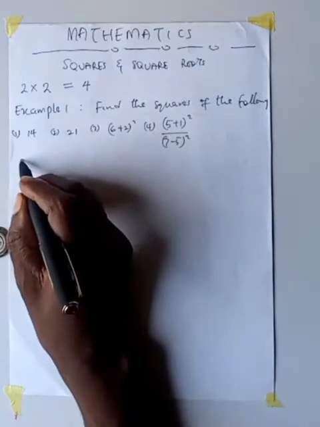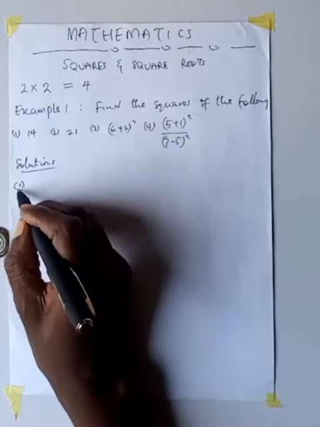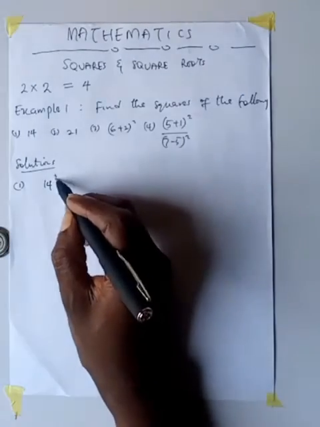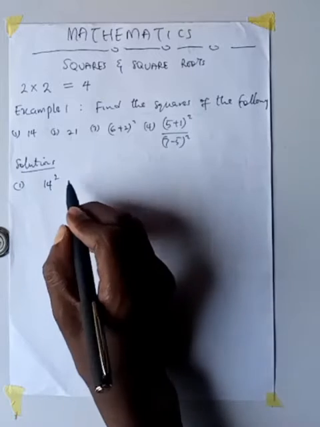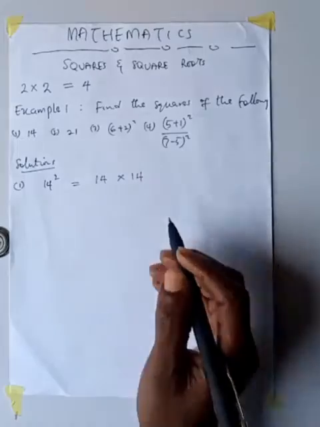So, solutions now. Number 1, I have 14. Since I'm asked to find the square, it has to be written in this form, 14 raised to power 2. And 14 raised to power 2 becomes 14 multiplied by 14.